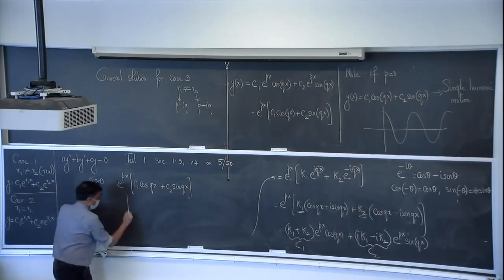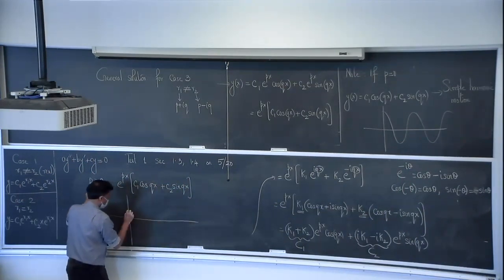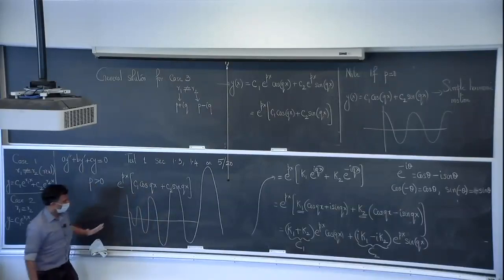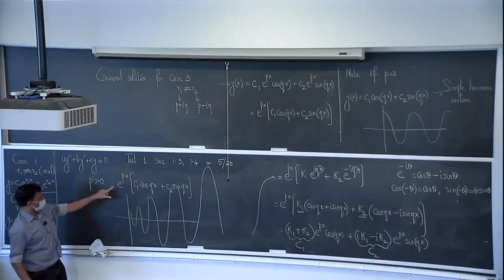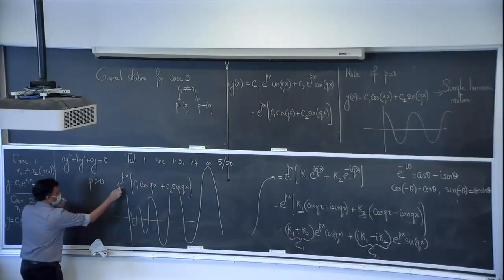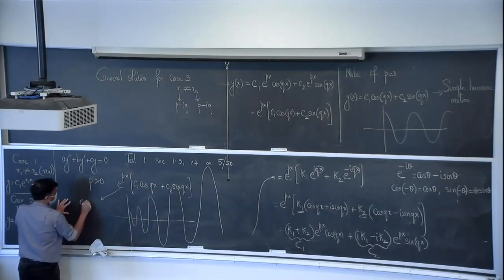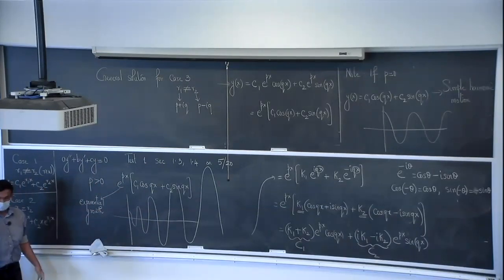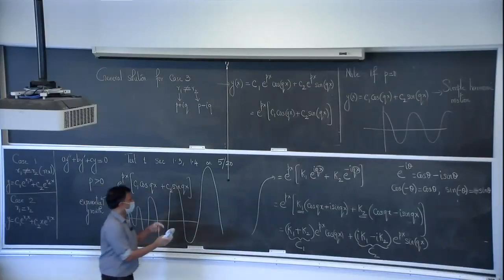Instead of steady oscillations, what you get is oscillations that start slowly and kind of go crazy like this. It steadily climbs up because of this exponential growth. That's a bad one, because if you are dealing with a real physical system, that means your oscillations get so wild that at some point it's going to break.